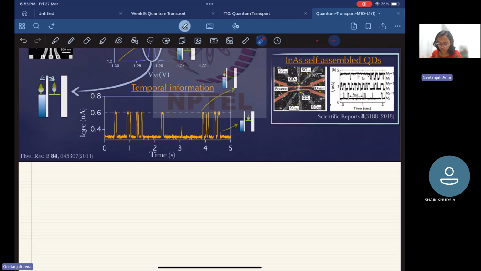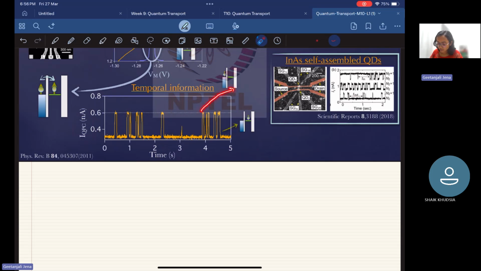When we measure the current with respect to time, we can use an oscilloscope to record this variation. Here we can see there are high-level and low-level currents, as also mentioned in this graph.